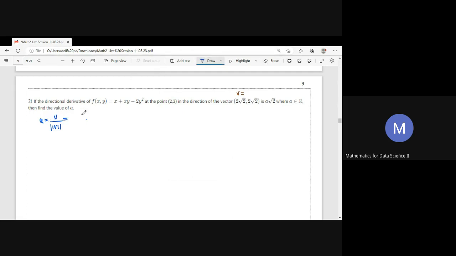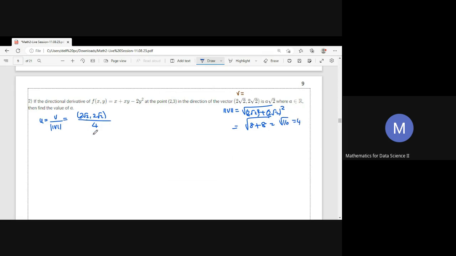Your v is 2 root 2 comma 2 root 2 and norm of v is the square root of 2 root 2 whole square plus 2 root 2 whole square. So you will get 8 plus 8, so square root of 16, which is 4.